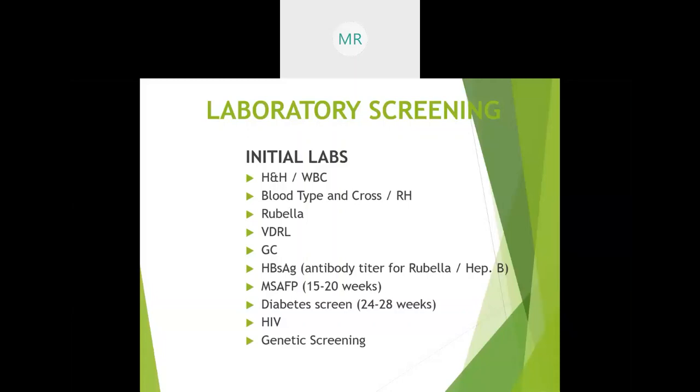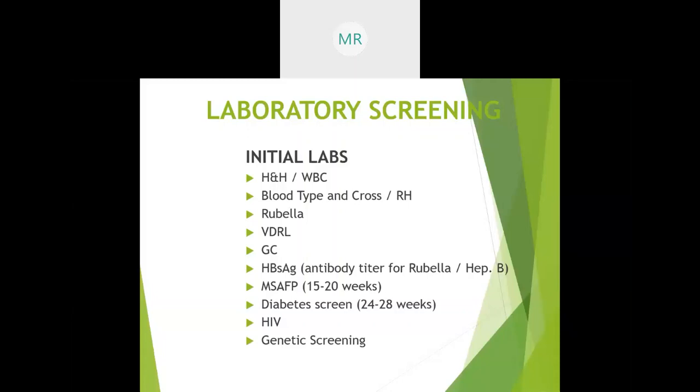and do some genetic screening. Remember in that prenatal screen, there are questions on genetic screening. If she answered those questions positively, then we're going to do more genetic screening. For example, Hispanics and African Americans, we test for sickle cell.